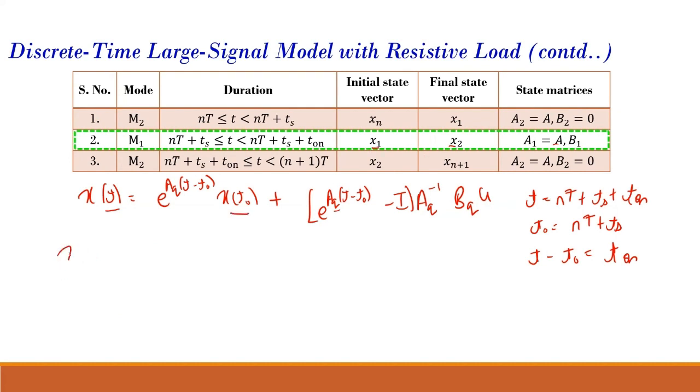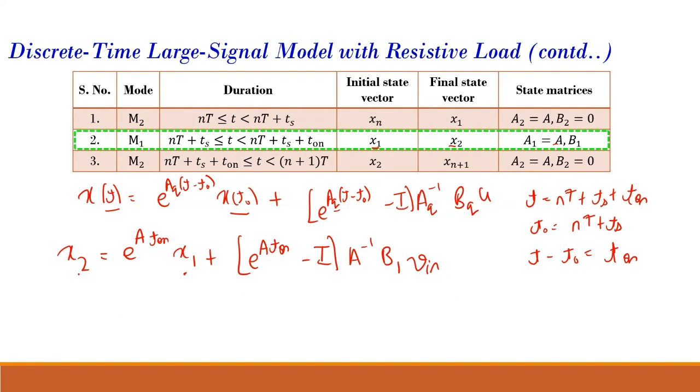So I will get x2 is equal to e raised to A1 Ton into x1, plus e raised to A1 Ton minus I, into A1 inverse B1, into Vin. Because my u is actually Vin. This is how I represent x2 in terms of x1.